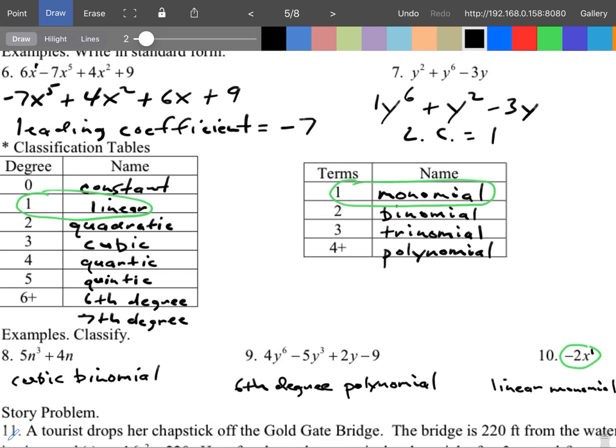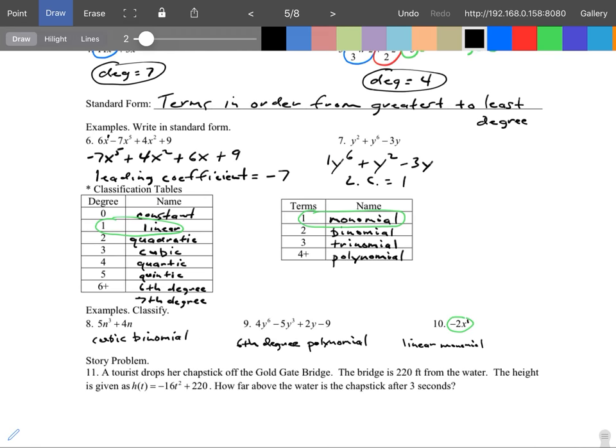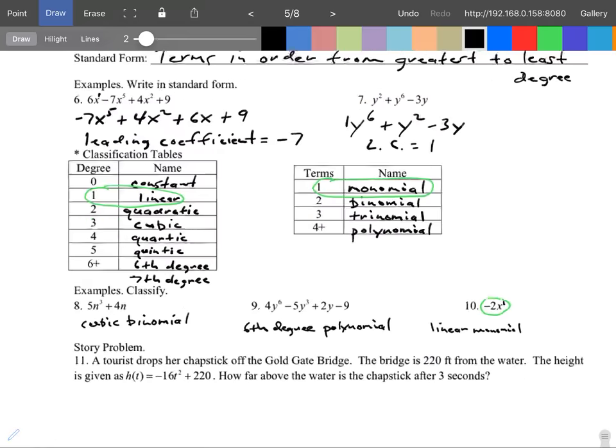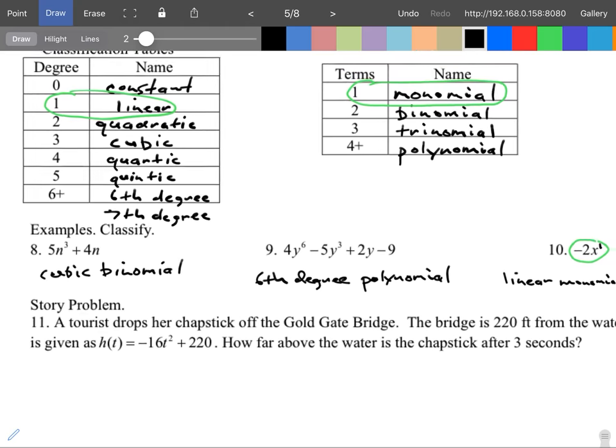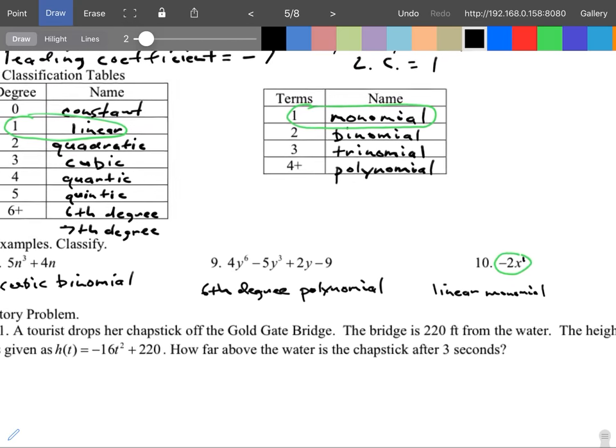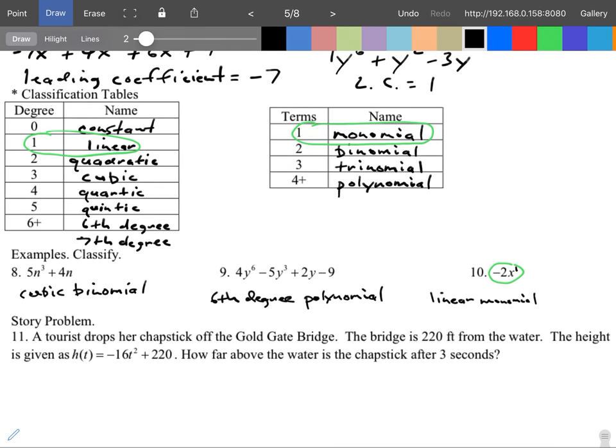All right, so we only got 1 more to go and we're done for today. The last one's a story problem, but it's really not much of a story problem. You just got to plug a number in. So let's look at number 11. It says the height of the Golden Gate Bridge is 220 feet above the water.